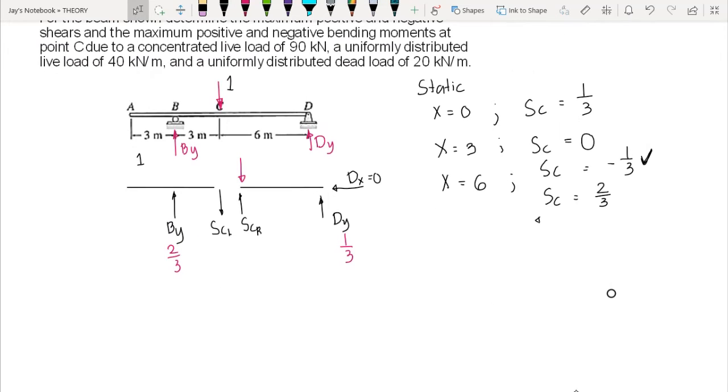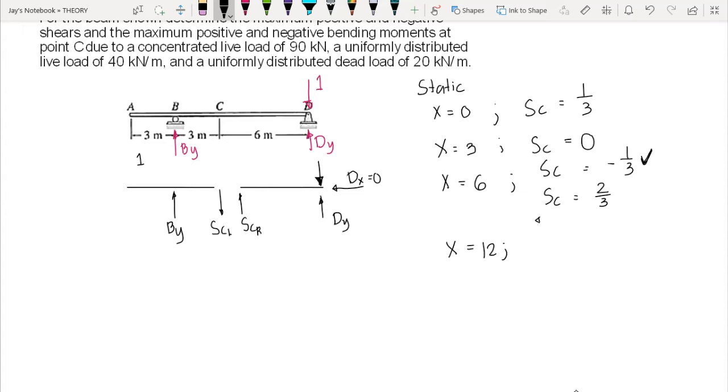So we move our 1 unit load to point D, and that is when our x is equal to 12. Okay? So we will have new values of reactions. Our 1 Newton here is on point D, or at the rightmost support.